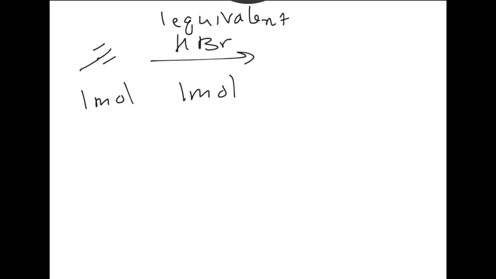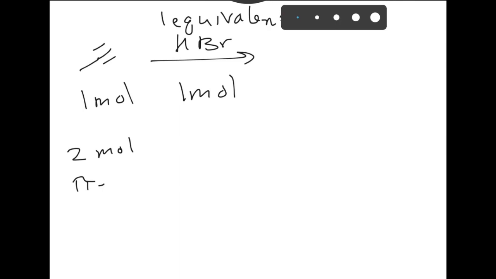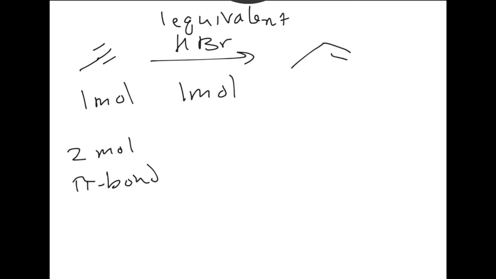That means we have how many moles of pi bond? 2 moles of pi bond. So now I only have enough HBr to react with 1 pi bond, right? Because I have 2 moles of pi bond, but only 1 mole of HBr. So that means the product I'm going to get is going to be the vinyl halide, where I keep one of my double bonds.